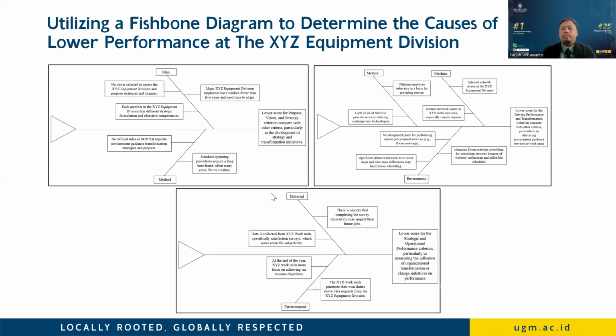Moreover, the next criterion, driving performance and transformation, particularly in the delivery of procurement consultation service using modern technological resources, has machine, method, and man as the causes that lower the performance. Finally, the last criterion, strategic and operational performance, particularly in measuring the effects of transformation on performance, has material and environment as the causes that lower the performance.